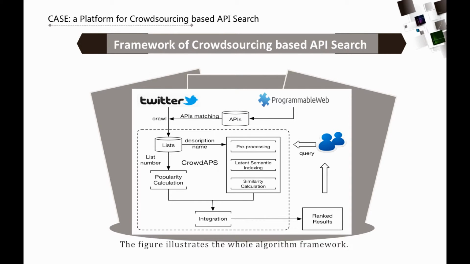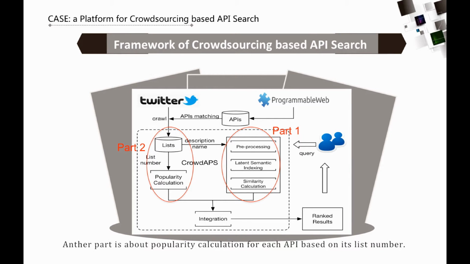The figure illustrates the whole algorithm framework. The list data is crawled from Twitter after being matched with APIs crawled from Programmable Web. Generally, the process of the algorithm could be divided into 2 parts. The first part is utilizing list information to compute semantic similarity between an API and a user query, which contains 3 steps: pre-processing, LSI, and similarity calculation.